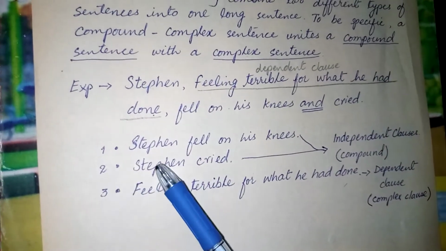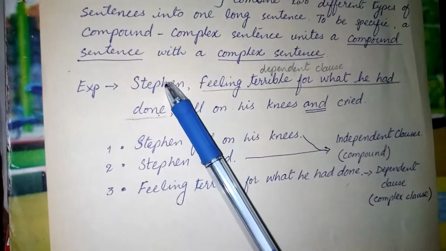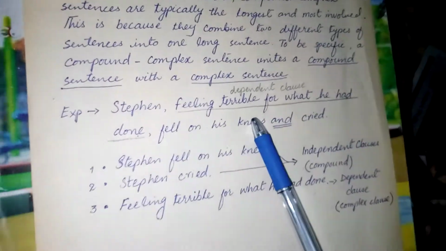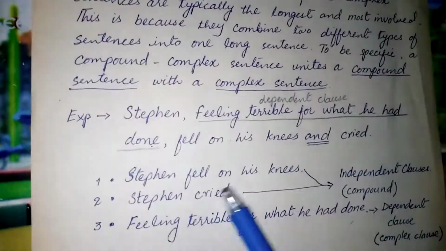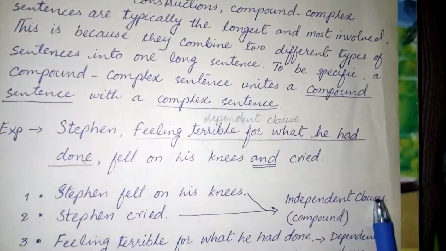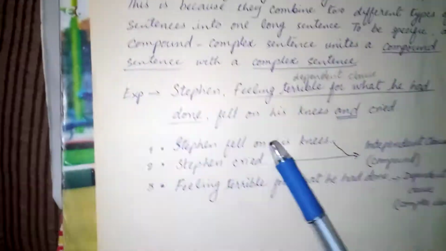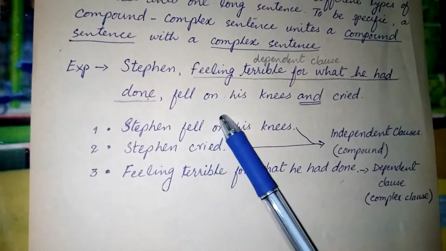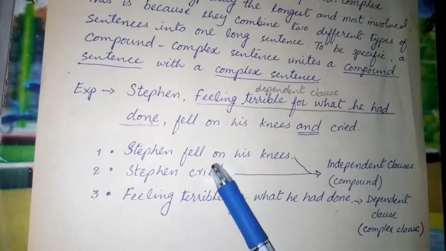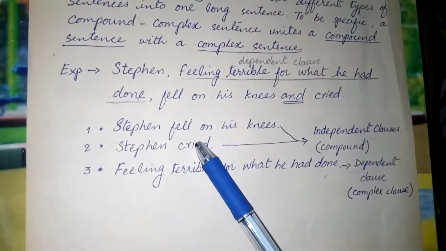And next is Stephen cried. Stephen fell on his knees and Stephen cried. These are the two independent clauses. These are the two principal clauses which have their own existence, their own complete sense and meaning. Neither of these is dependent on the other.